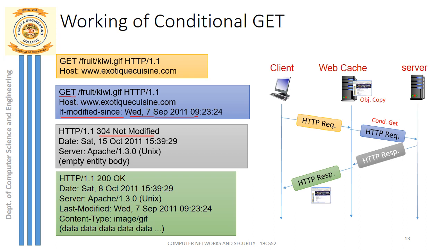If at all the server sends the updated object, then the web cache will update itself and send the updated object to the client. This is how the conditional GET works in order to keep a web cache up to date.